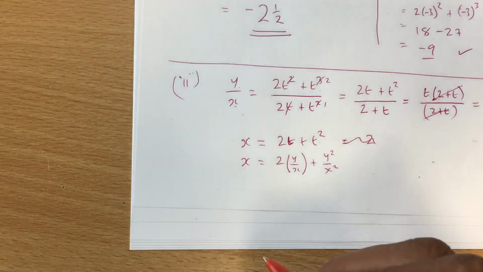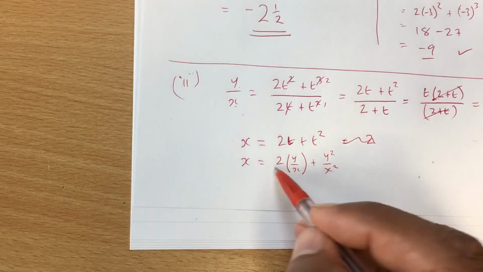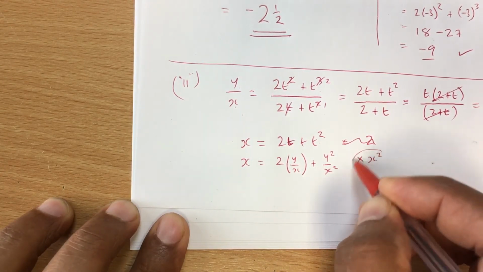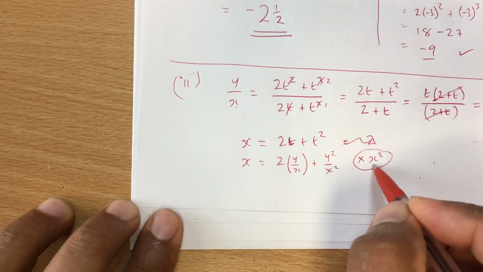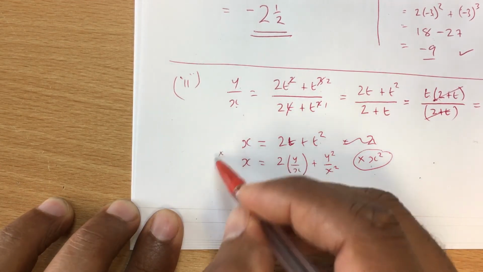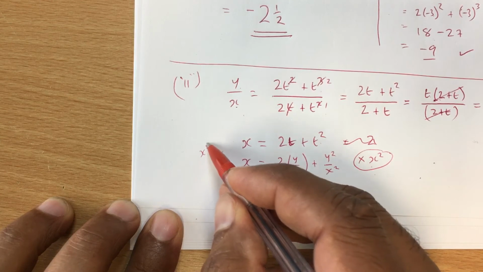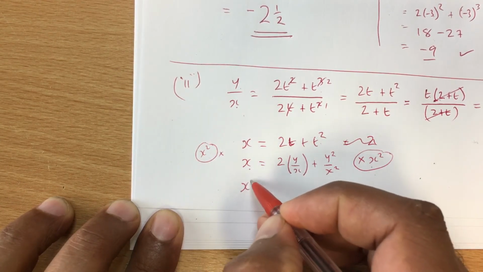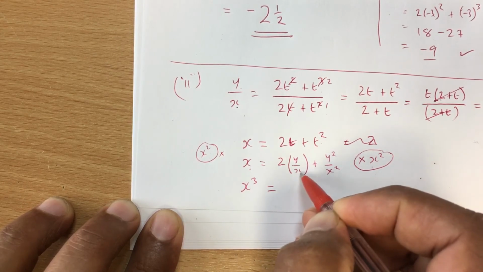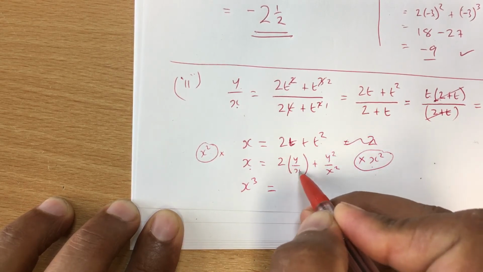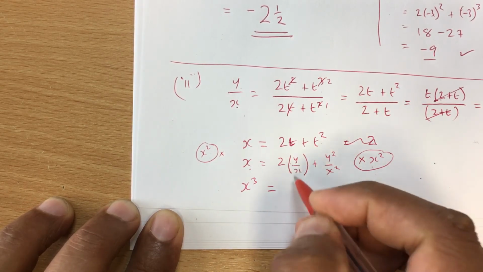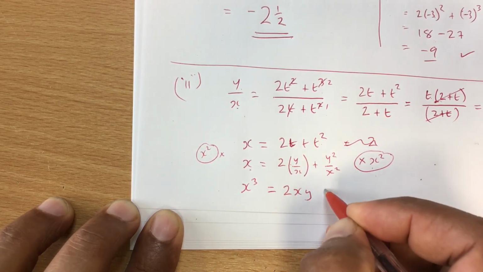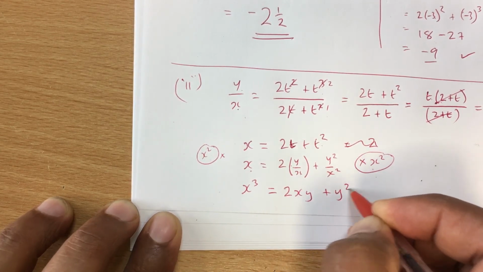Now I'm going to multiply this side by x squared, because I want no fractions in my answer. So x times x squared gives me x cubed, and on the right, 2xy and y squared.